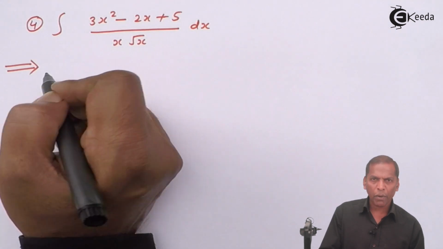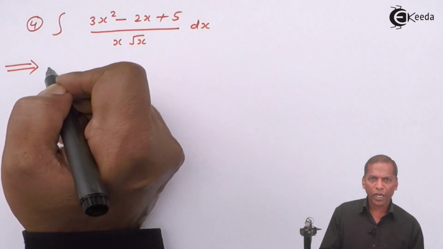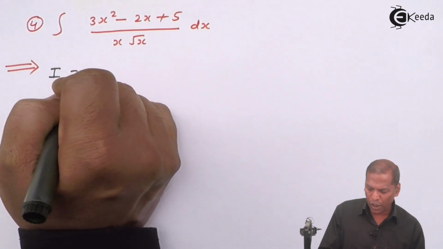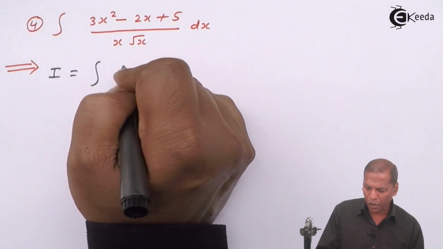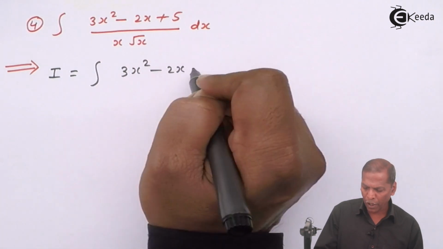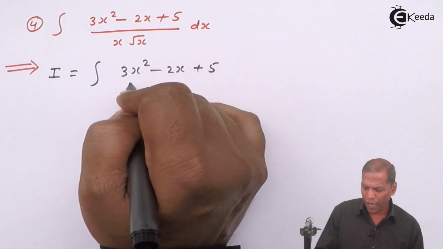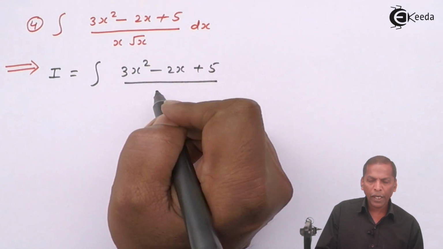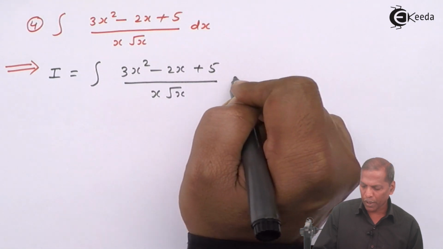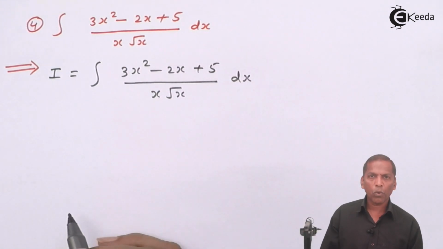First of all, the given problem we denote as I. It means I is equal to the integral of (3x square minus 2x plus 5) whole thing divided by x into root x into dx.